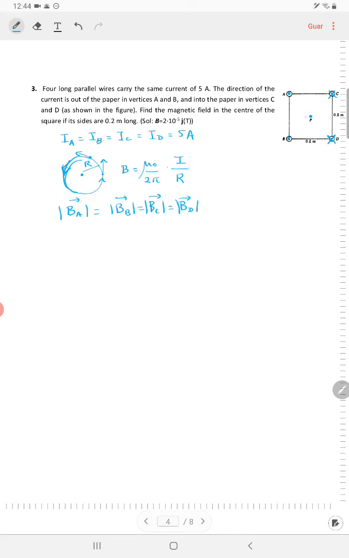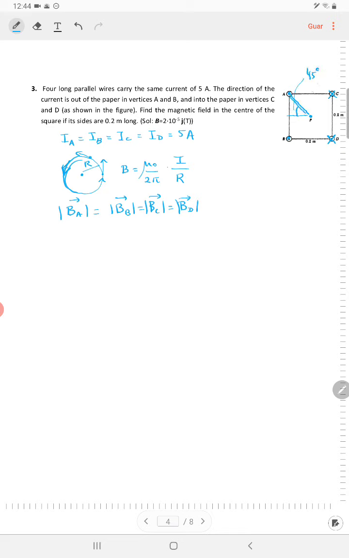To know r, we just use geometry, and with geometry you know that this is 45 degrees.